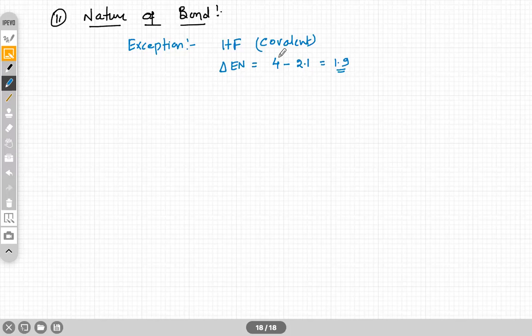We can also calculate the ionic character in a covalent bond. What do you mean by this? We'll discuss that. Next, write down ionic character in covalent bond.